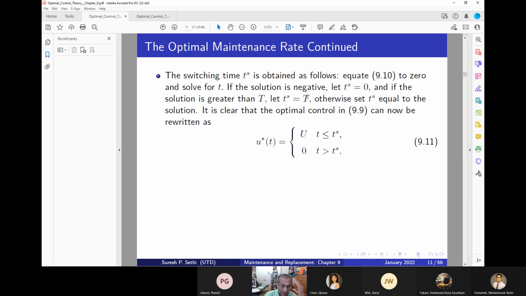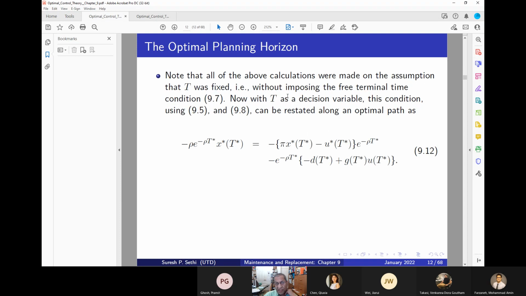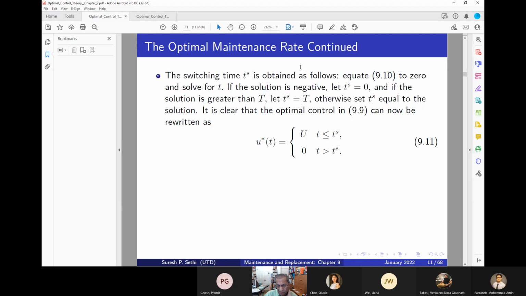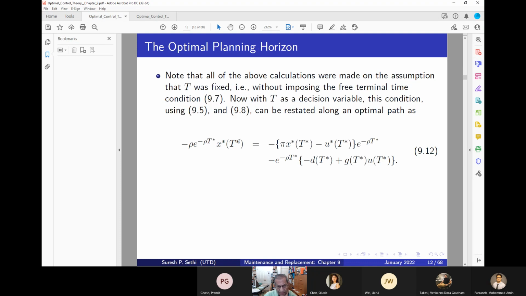I have a number of papers on that as well, called the machine replacement problem. So there are machine maintenance problems and machine replacement problems in the literature, but this is the first time that Thompson integrated the replacement problem with the maintenance problem. This was a paper in Management Science. It was part of the course he was teaching, and everybody was writing a paper. So this is his contribution to that class.